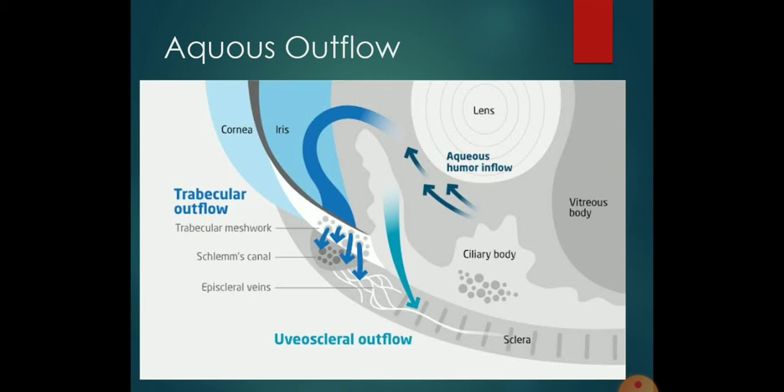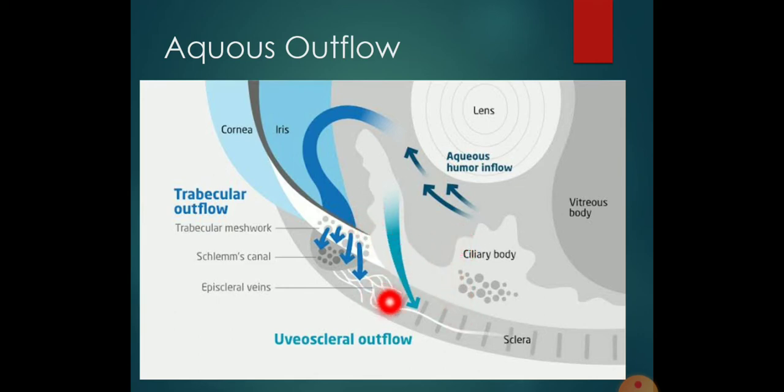It retards progression of the optic nerve damage even in normal low intraocular tension if you lower the intraocular tension. The site of formation and the pathway of drainage of aqueous humor, as well as the sites of action of the anti-glaucoma drugs, will be shown in a few of the other slides.